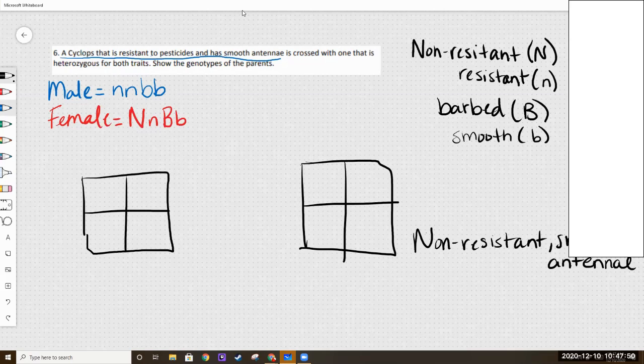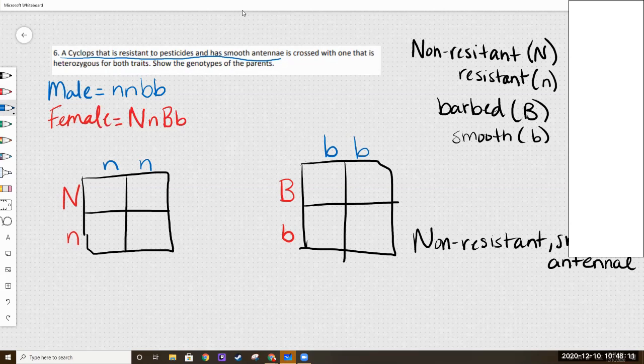All right, and then I would put my male on top. I always put the male on top, I don't know why. And then the female on the bottom, or the side, big N, little n. And then I do the same thing with this side. She's big B, little b, and he is little b, little b.